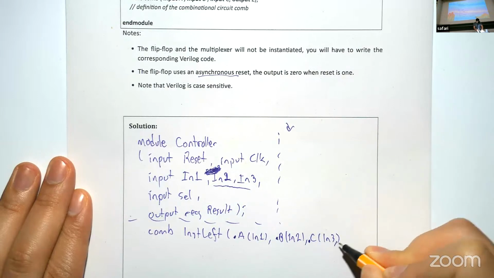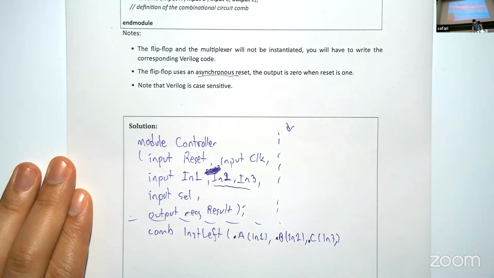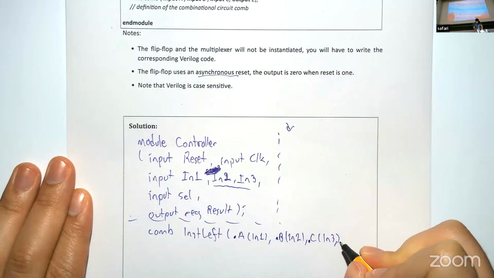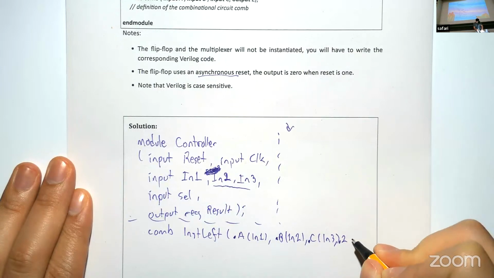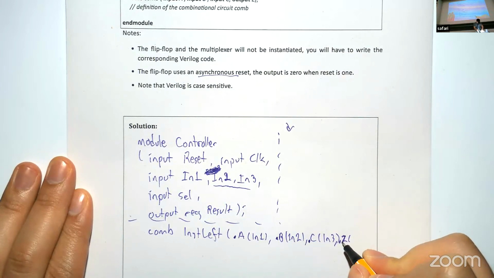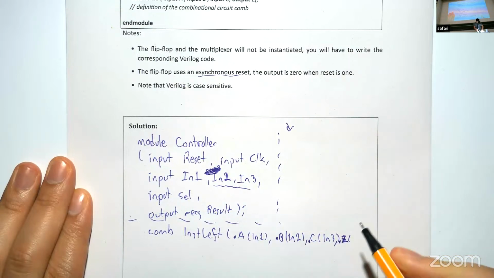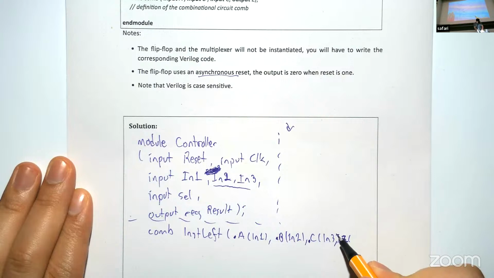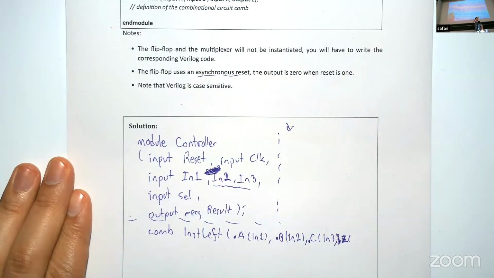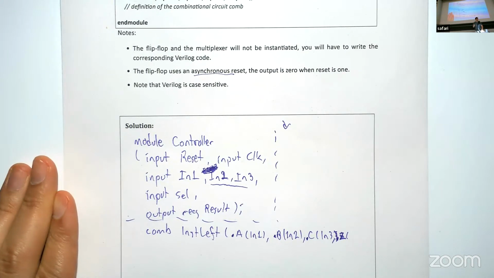And there will be an output also from this module, output Z. That's not a 2, that's a Z. There's a syntax error here of a parenthesis that I accidentally put, which I just removed. All right. Yes, there's a question over there.